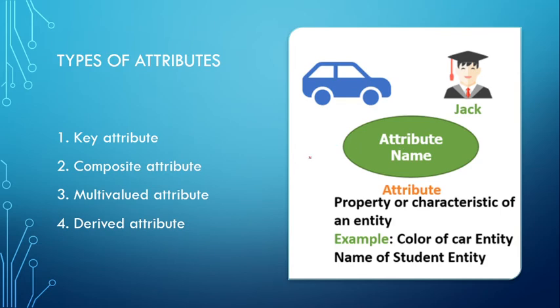The name of the student: Jack. These are the attributes we can possess for these entities, car and student.